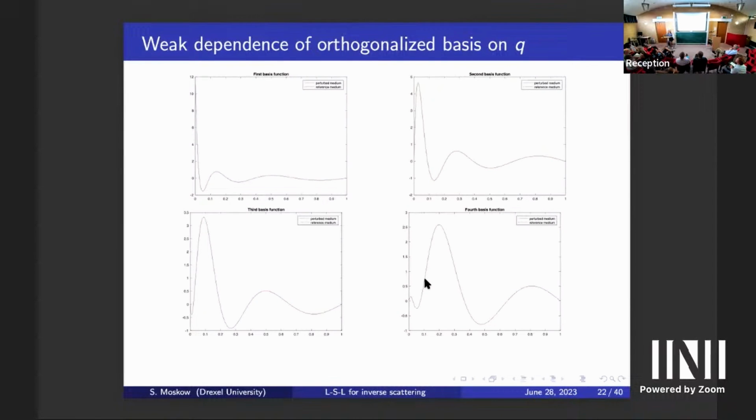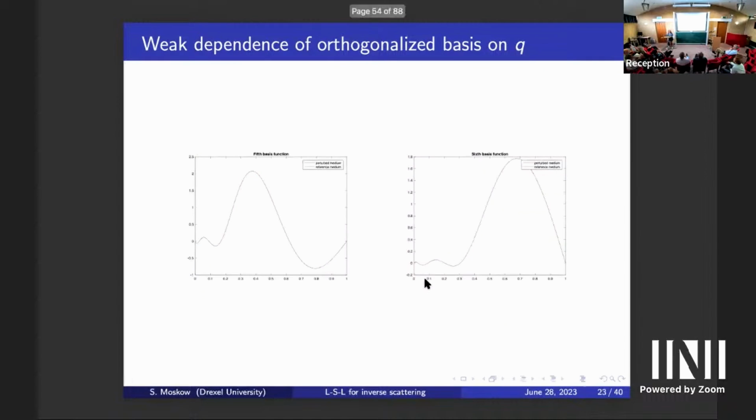So here's just the one-dimensional spectral example. This is an example with 6 spectral values. This is a 1D problem. Here's an example of the basis functions after orthogonalization with Lanczos, in the perturbed and reference medium, and you can't tell them apart.